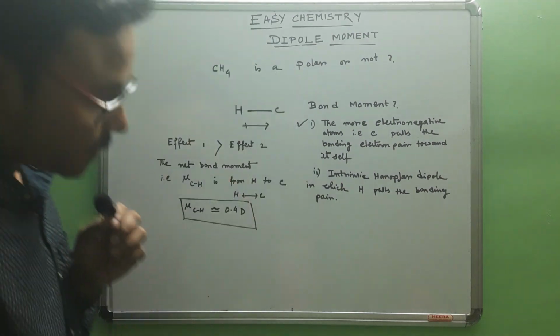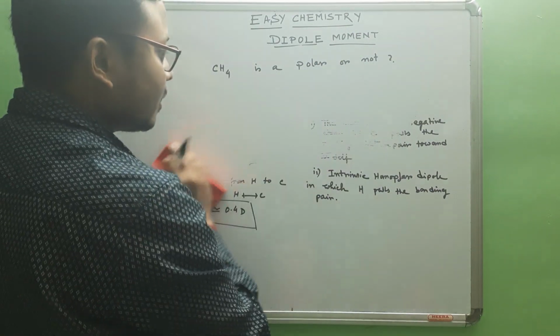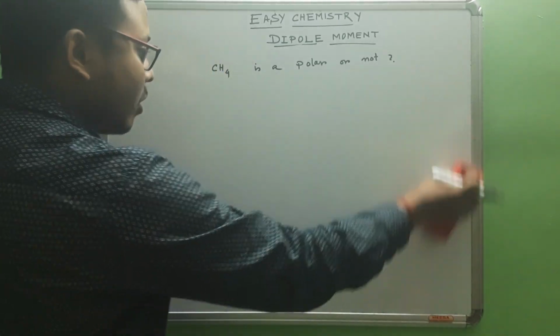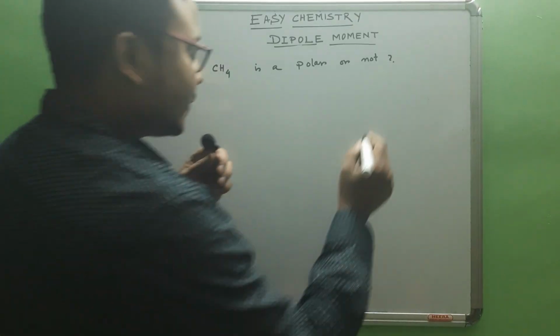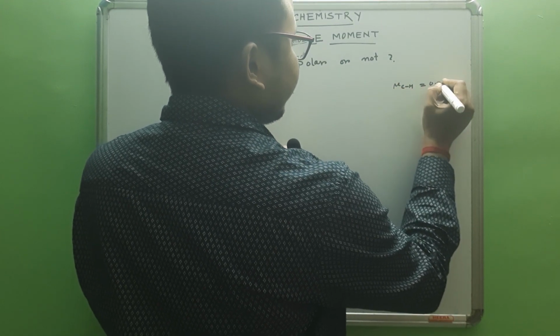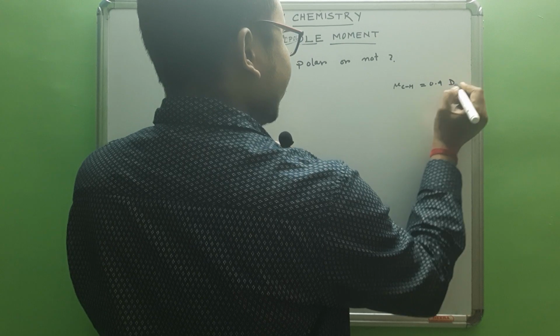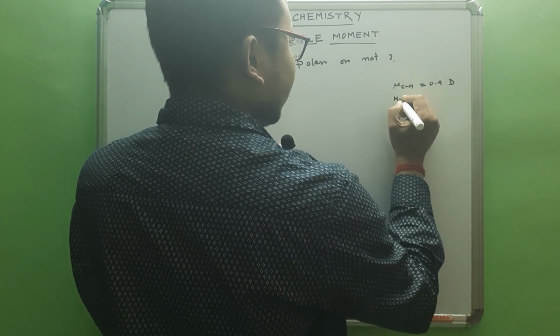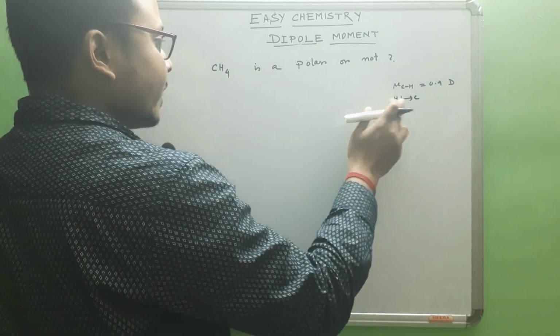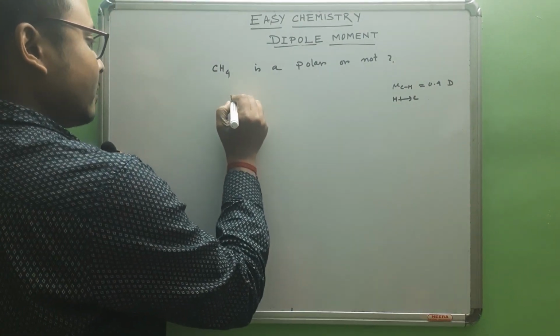So we have established that mu CH is 0.4 Debye, directed from hydrogen to carbon, and this is our picture.